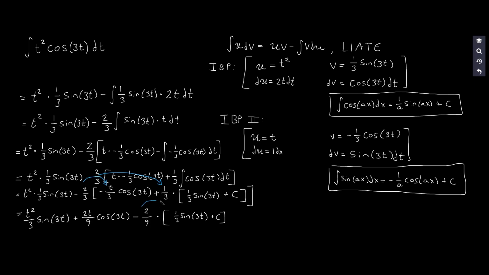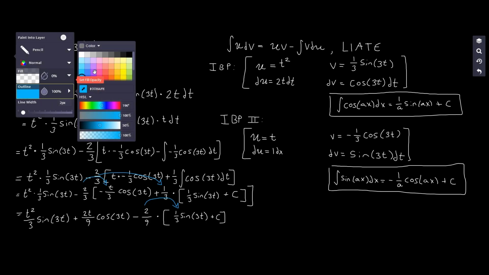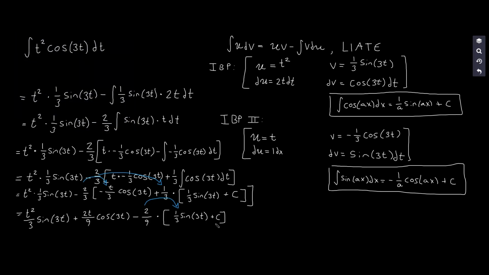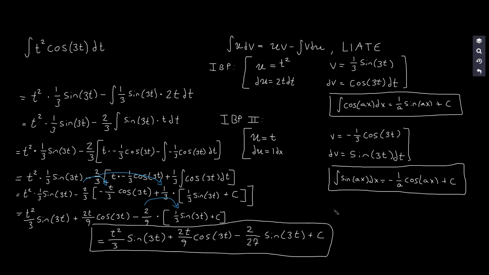And so now I'm just going to distribute this negative 2 over 9 to 1 over 3 times sine of 3t. And so I'm pretty sure it's going to look like this. That means our answer is going to be t squared over 3 times sine of 3 times t plus 2 times t over 9 times cosine of 3 times t minus 2 over 27 times sine of 3t plus c.